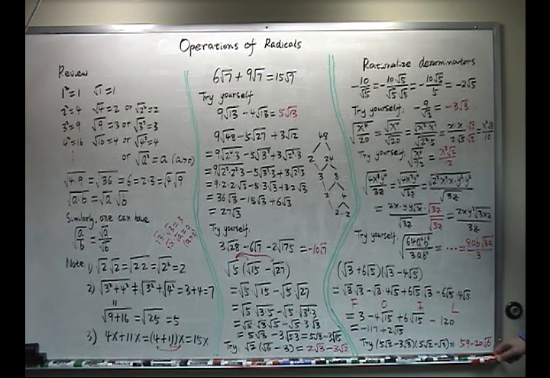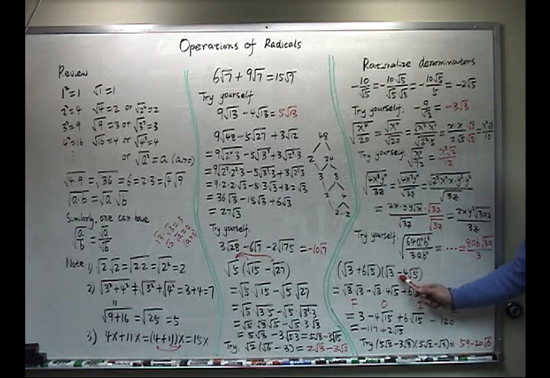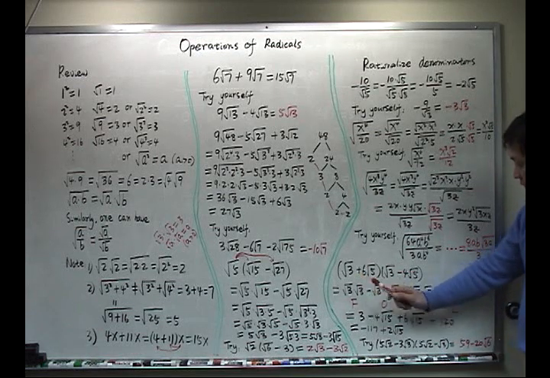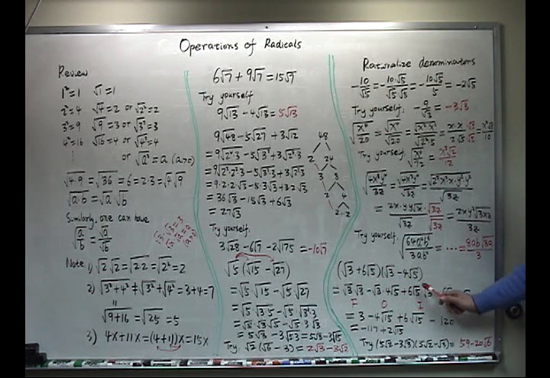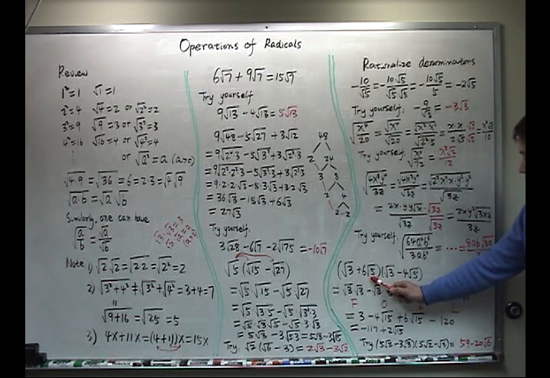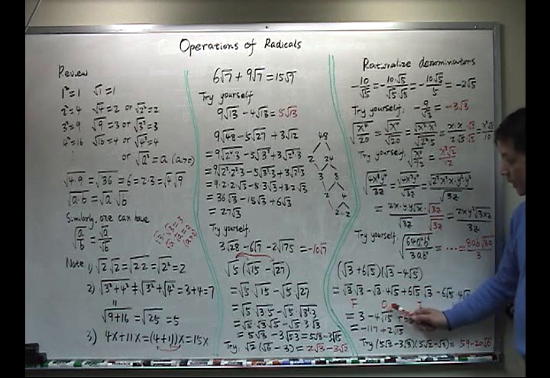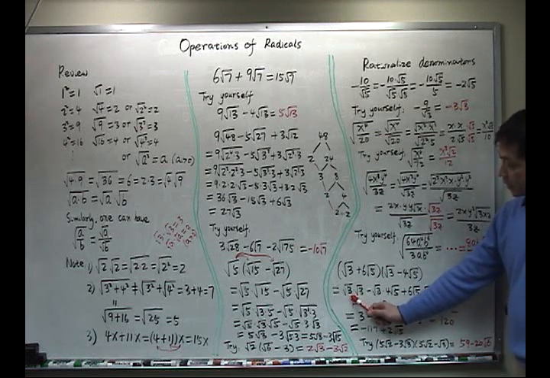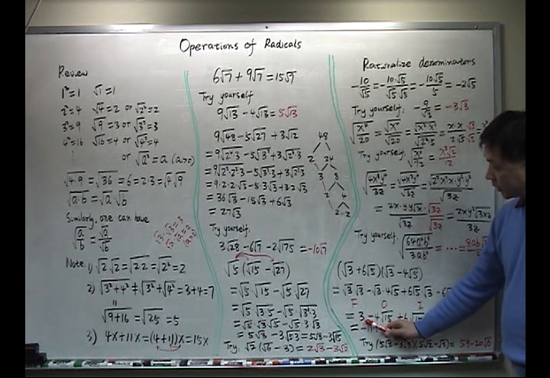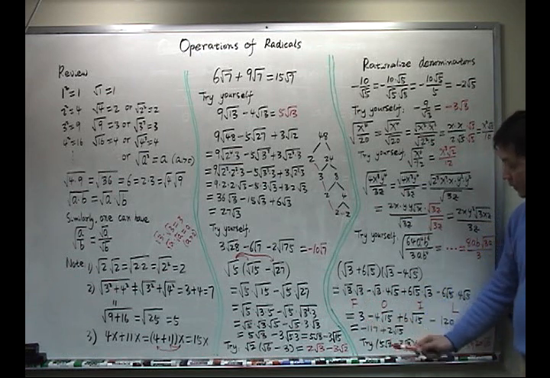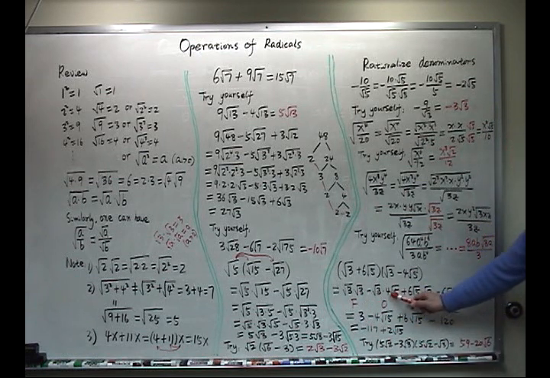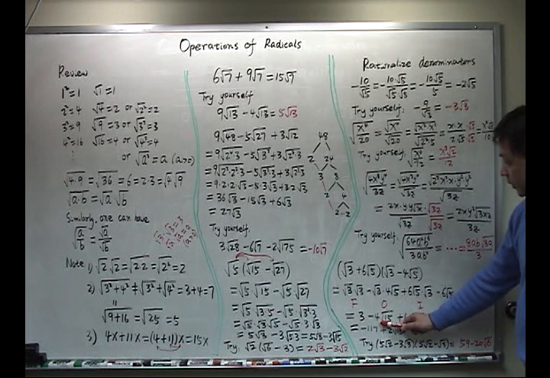The last product: negative, positive is negative. 6 radical 5 times 4 radical 5. Now again, radical 3 times radical 3 is 3. And then 4, you keep it.